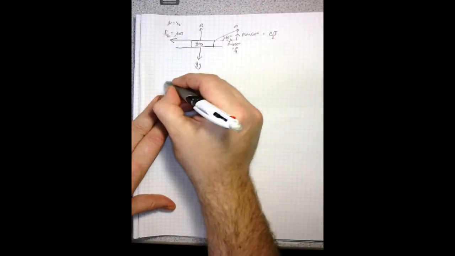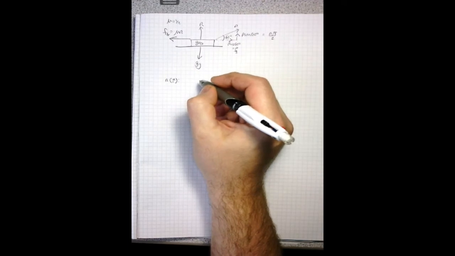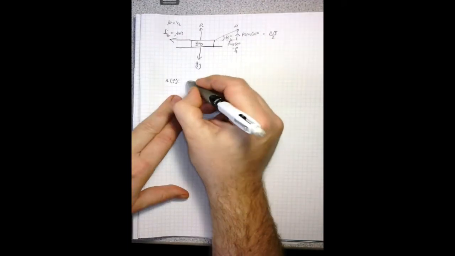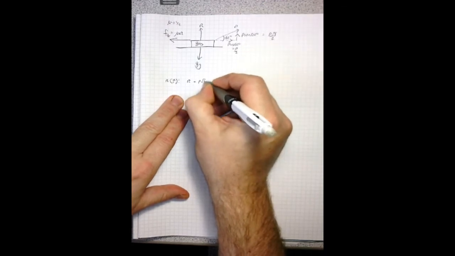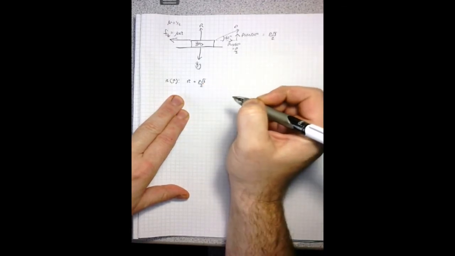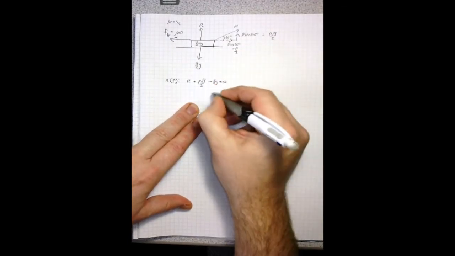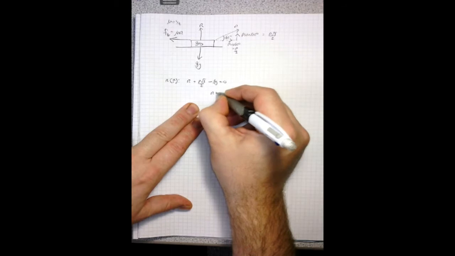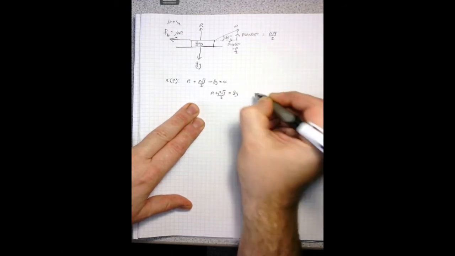Okay, same deal again then. Resolve upwards. So I've got R upwards, and I've got P root 3 over 2 minus 8g equals 0. So R plus P root 3 over 2 equals 8g. That's one equation.